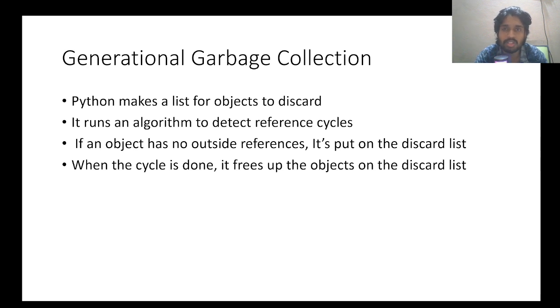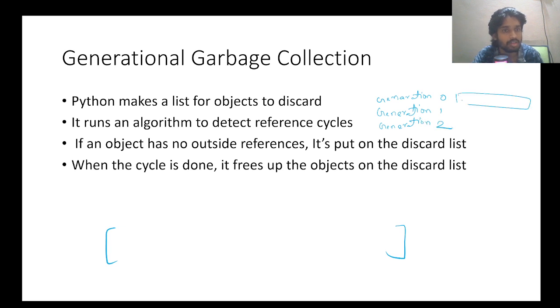So what is the algorithm here? We already have three lists: generation 0, generation 1, and generation 2.